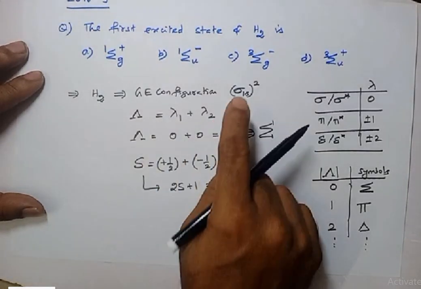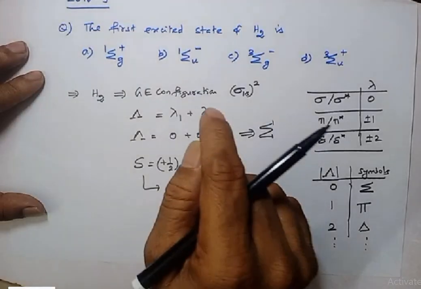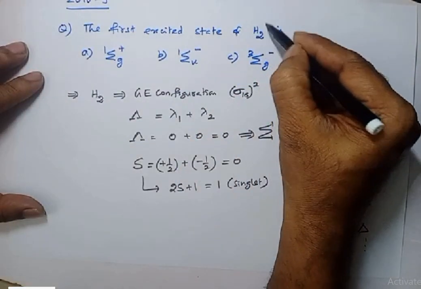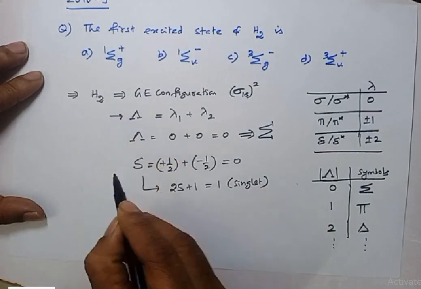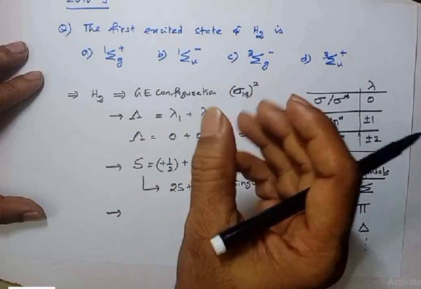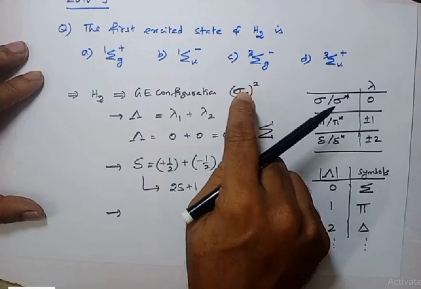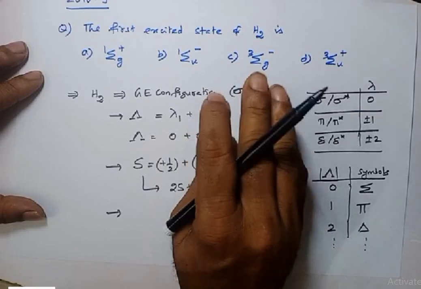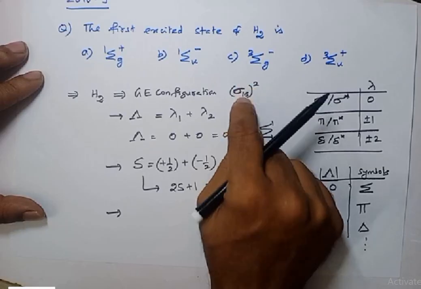Okay. Then for the sigma bonding molecular orbital. See, this molecule is a homodiatomic molecule. So it has a center of symmetry. Now, with respect to inversion, whether the orbital is symmetric or antisymmetric. See, electron 1 and electron 2 both are present in sigma.